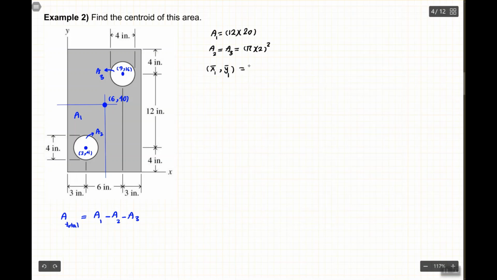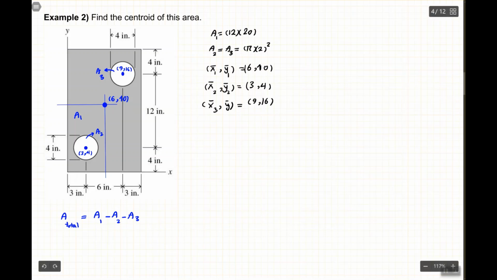The centroid of the first one is 6 and 10. x bar 2, y bar 2, for the second area, is 3 and 4. And x bar 3, y bar 3, we can see is 9 and 16.